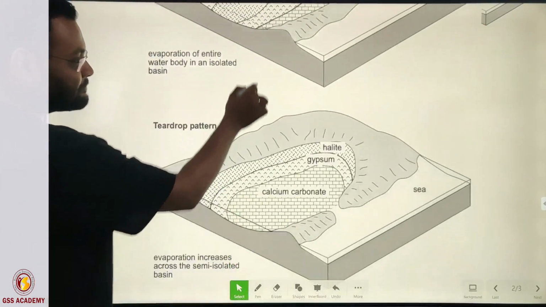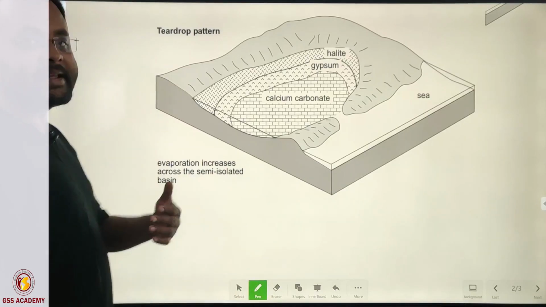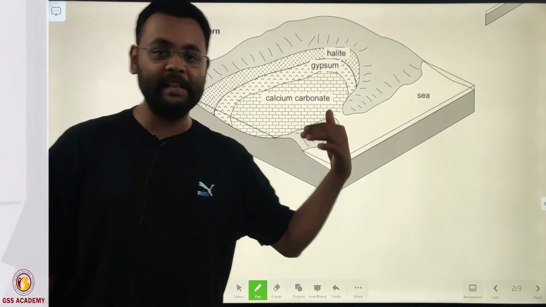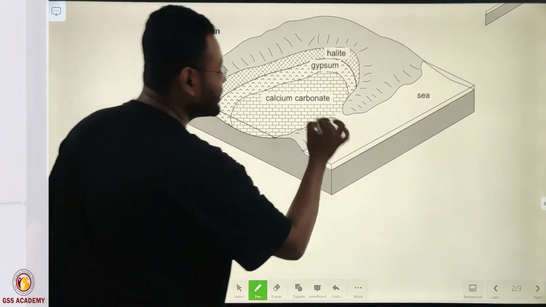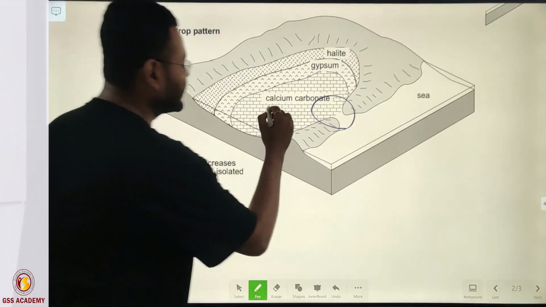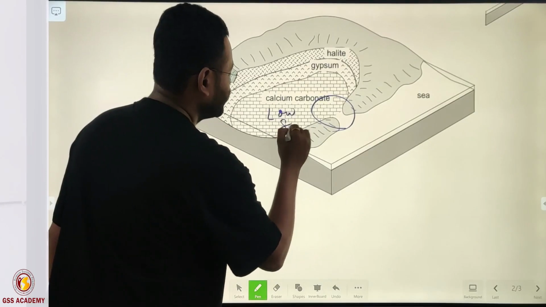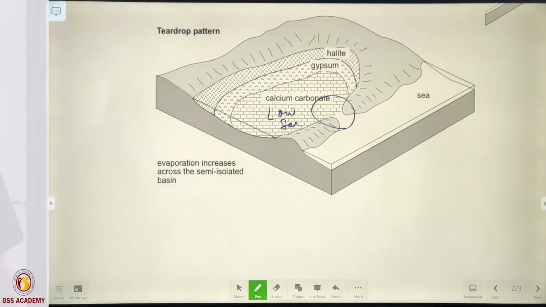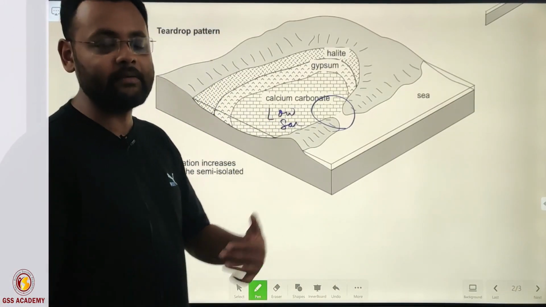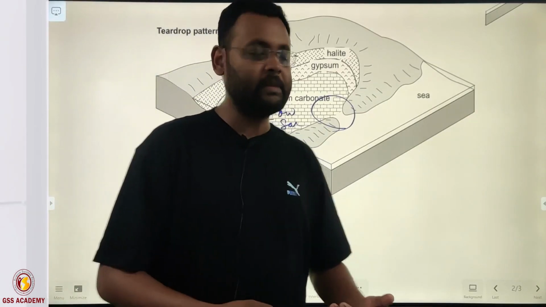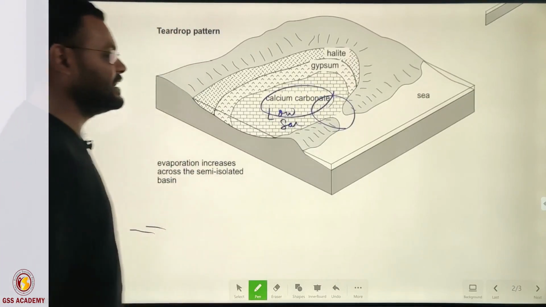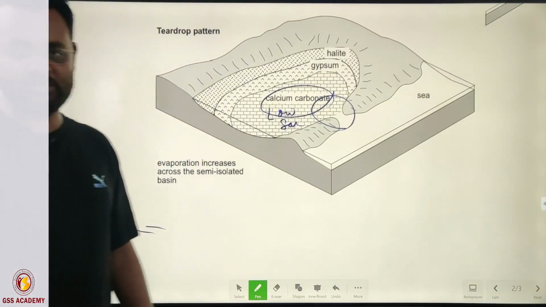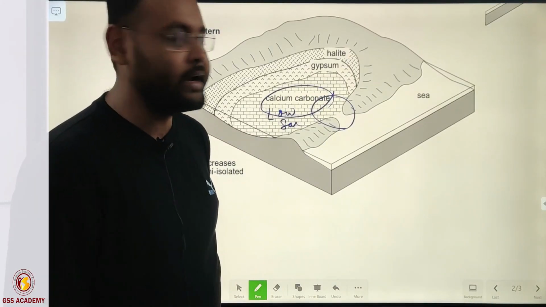But if the deep basin is only partially connected, or has a very limited connection with the open ocean, then near this connection point the water is always of low salinity. Therefore, whenever there is deposition of material, calcium carbonate will deposit.